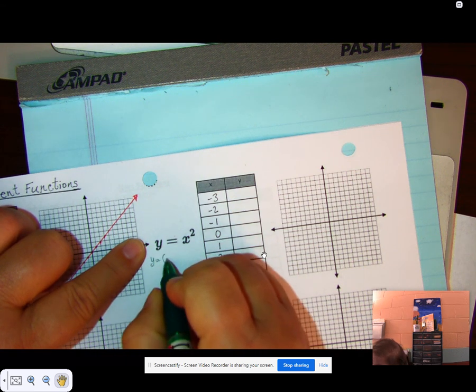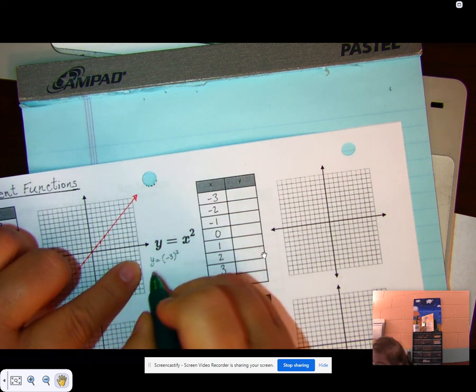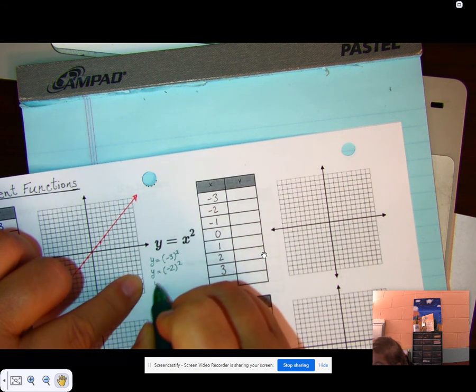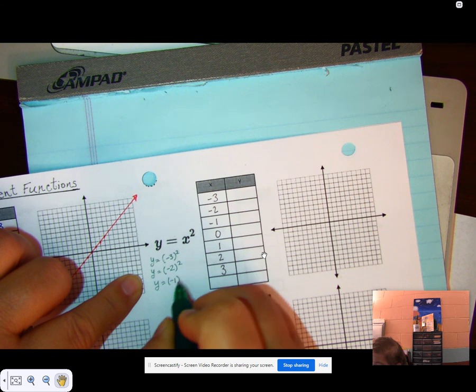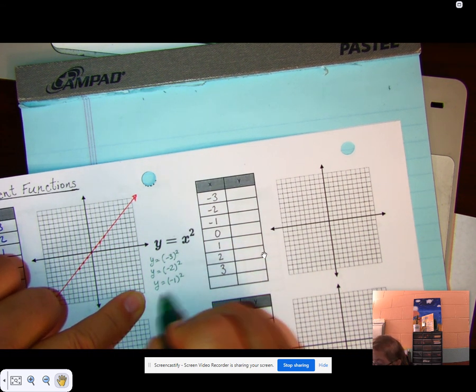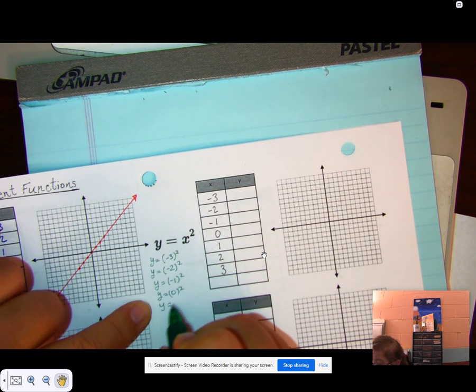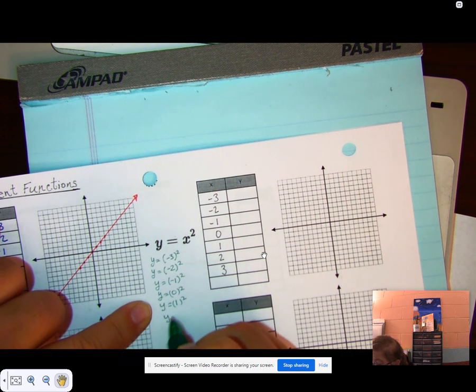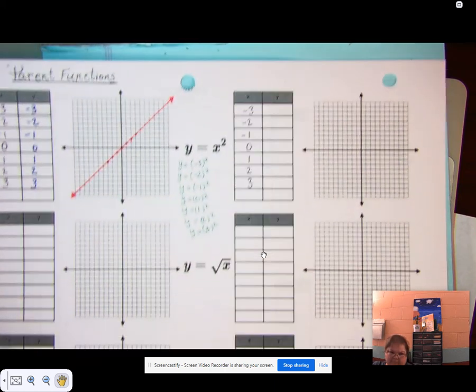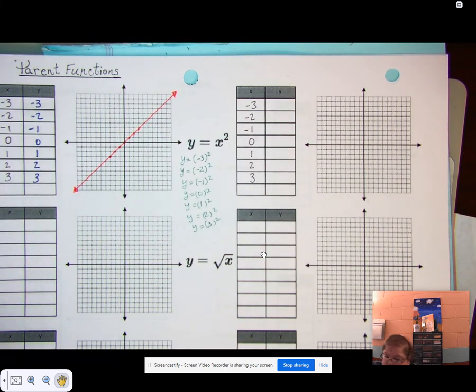So here we go. y equals -3 squared. y equals -2 squared. And this same pattern continues all the way down. We're writing that out so we can get those answers.